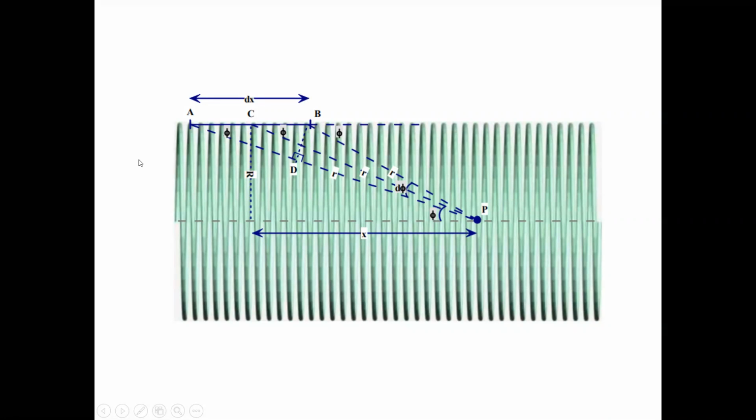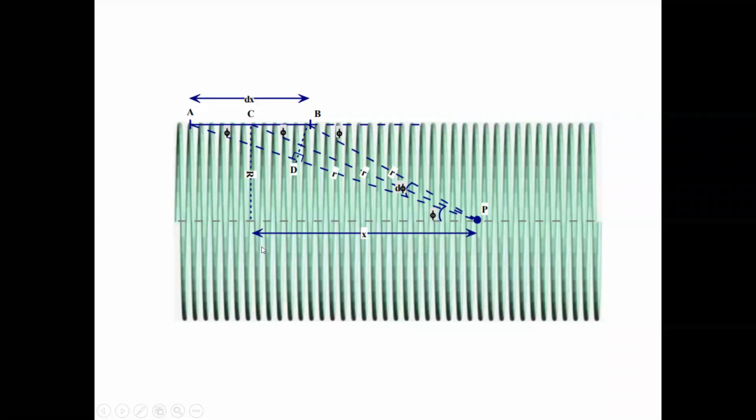Solenoid means simply a wound shape of a number of coils. Here, this is a coil. A number of coils are wound like a spring. So this is the solenoid. This is a solenoid carrying a current I. That means a current I is passed through this solenoid.